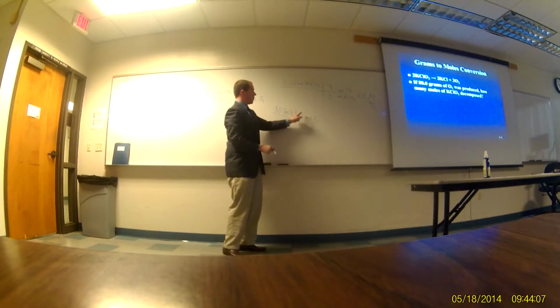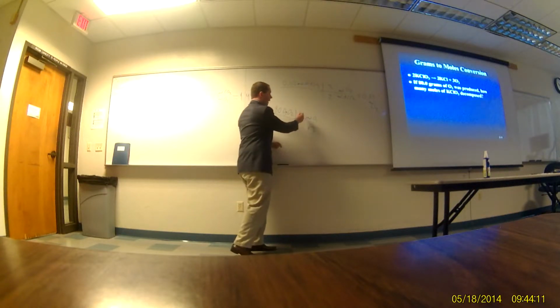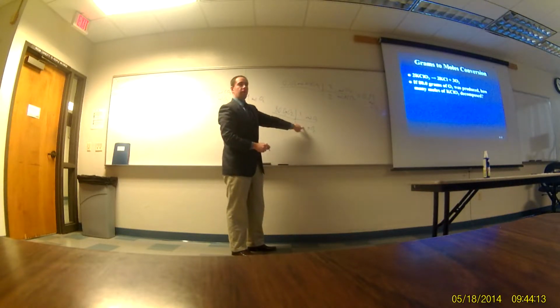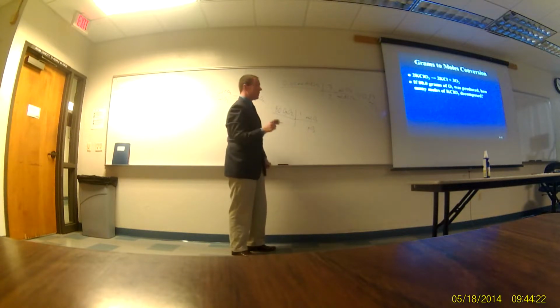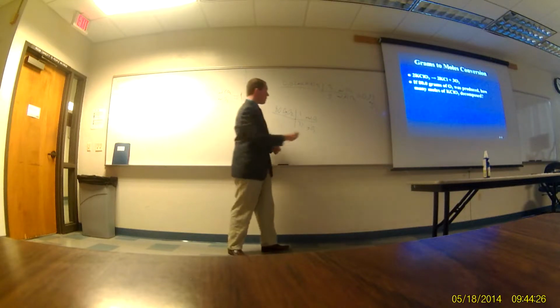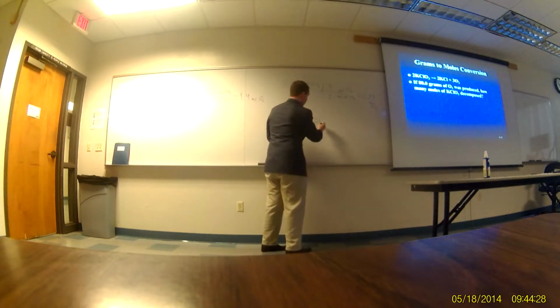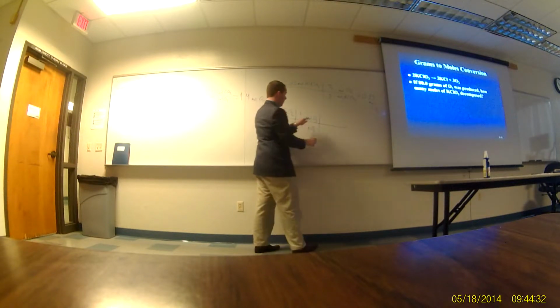What number is going to go here? 1. 1 mole of oxygen weighs how much? 32. It's O2. It's diatomic. Each oxygen is 16. So that's 32. You've got to add a step. What unit goes here? Moles of oxygen.